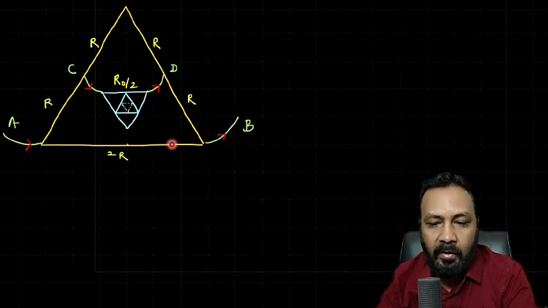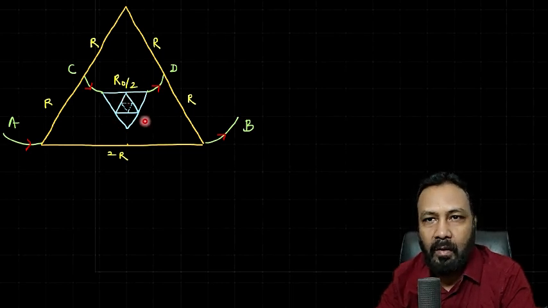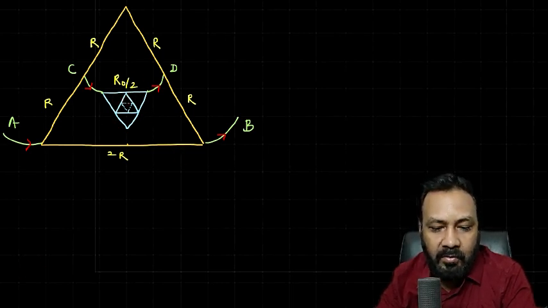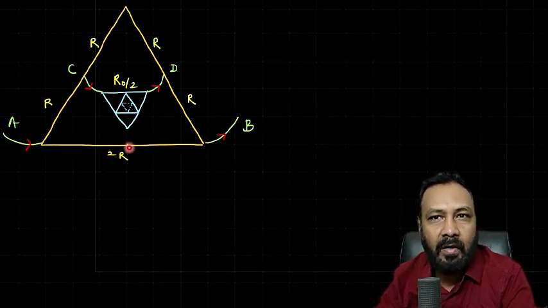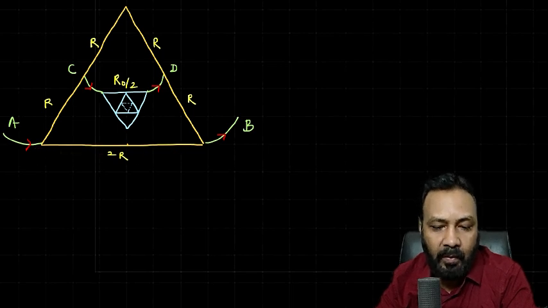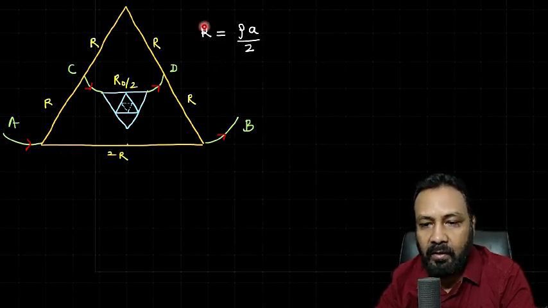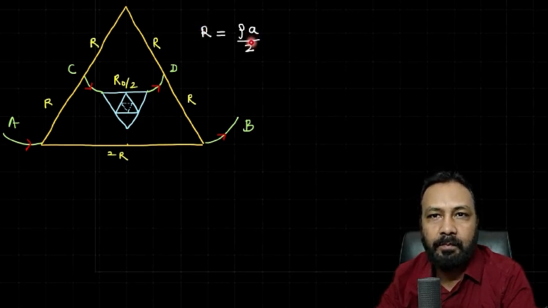The whole resistance from A to B was R0, and we just proposed that this should be R0 by 2. The resistance of unit length was rho per unit length, and this length was a. So this part's resistance would be rho into a, and that is basically 2R. So 2R is rho a, so I can write R is equal to rho a by 2.